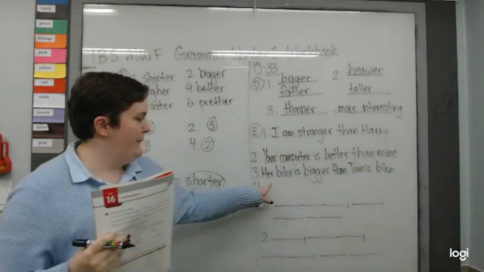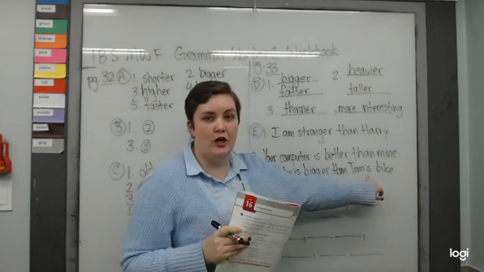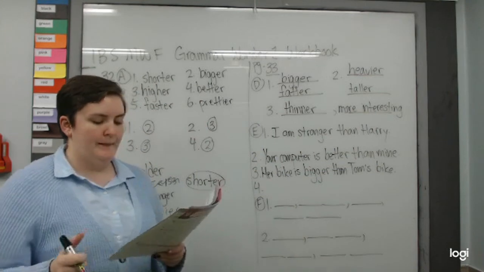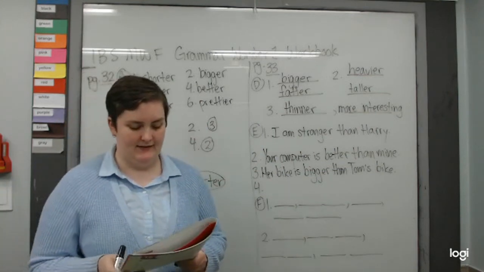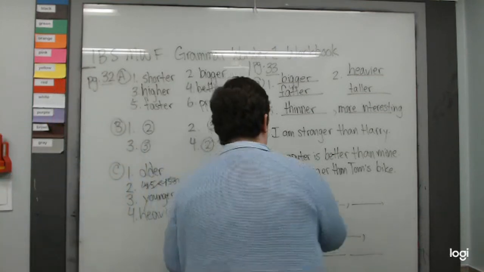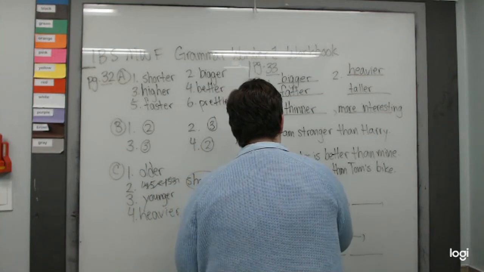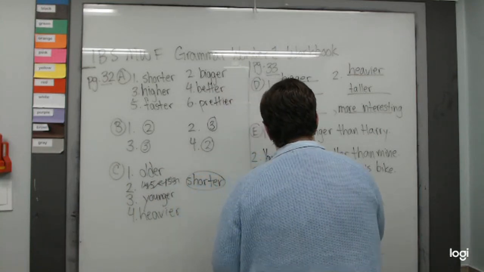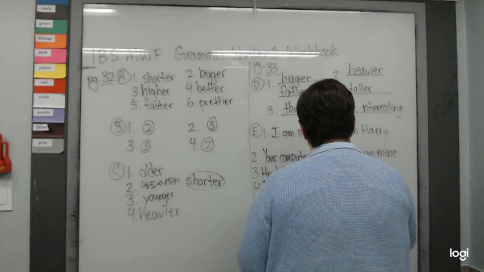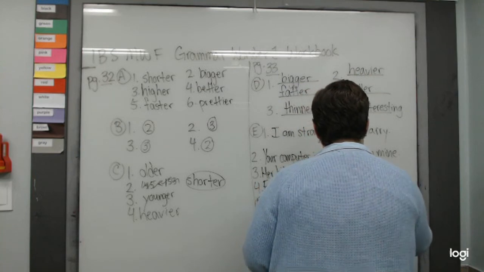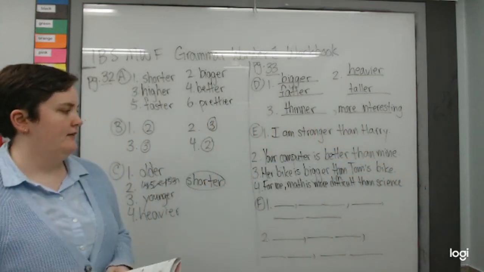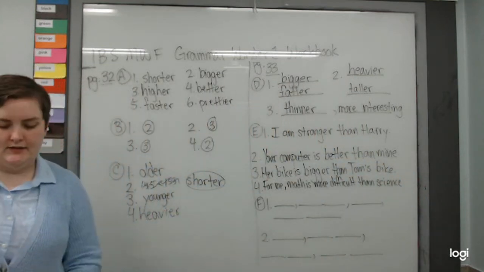Again, remember capital, period, and here for Tom's, apostrophe S. And number 4, math, difficult, and science. For me, math is more difficult than science. Okay, capital F and period.